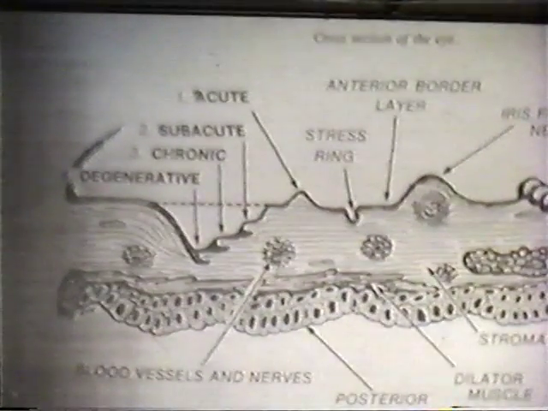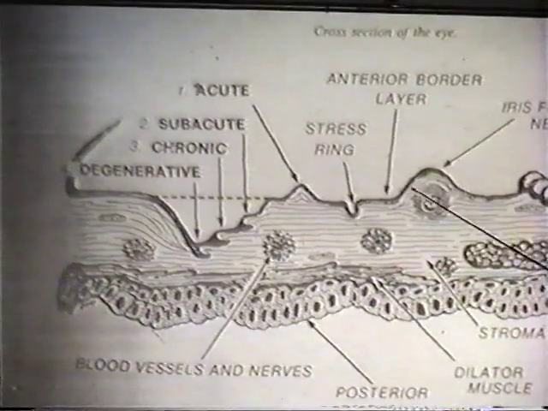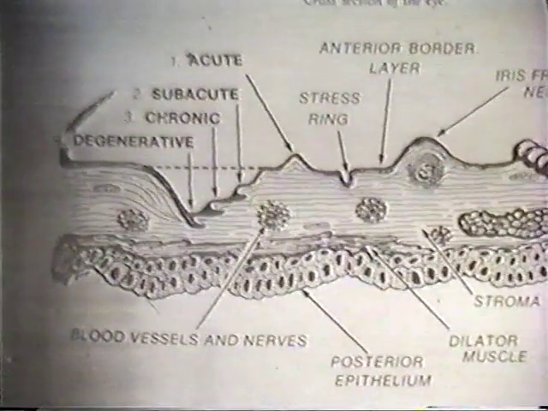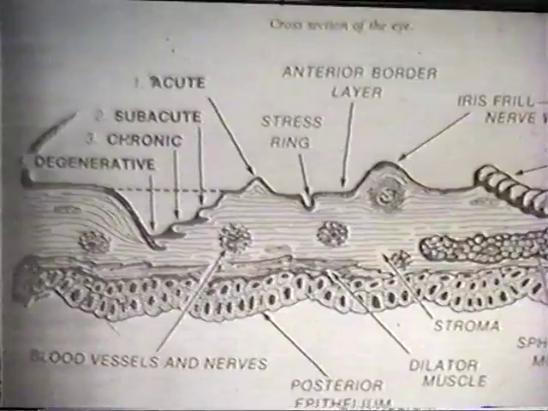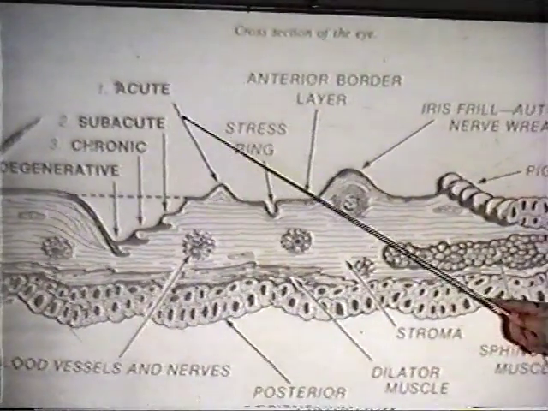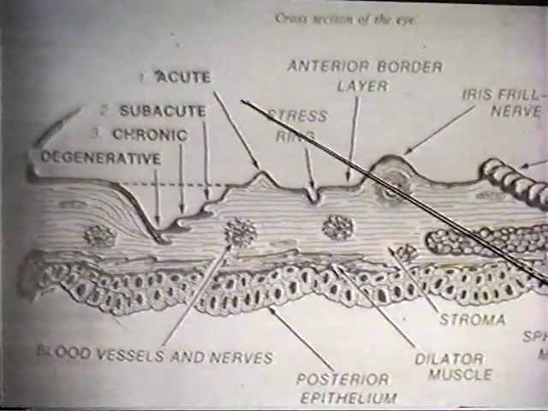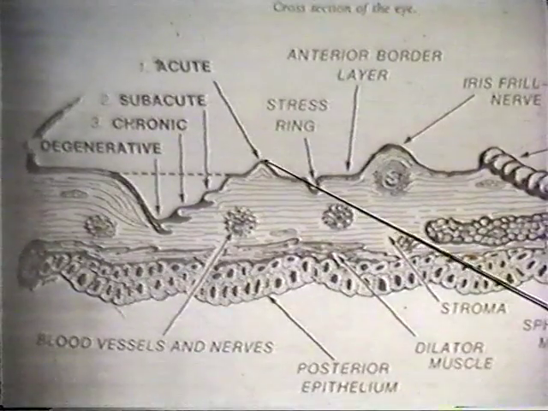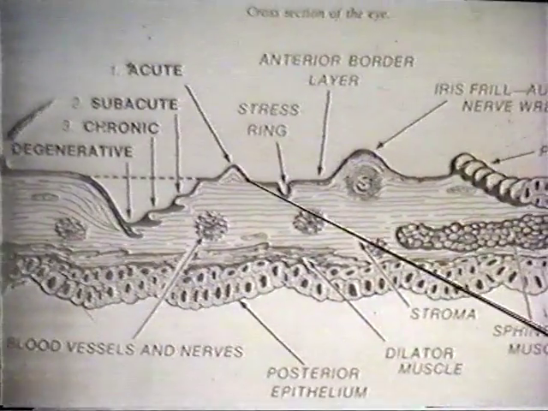And so that will be way up here in the very front portion of the eye. Now, if you notice, this is a Jensen slide. You'll have basically 4 levels. You have your acute level, which is your hyperactive level, where the fibers stand up.